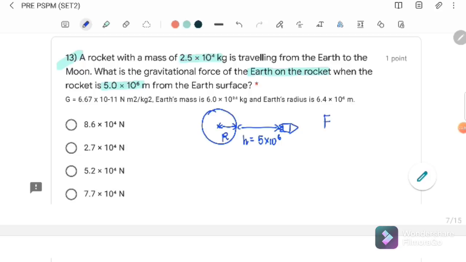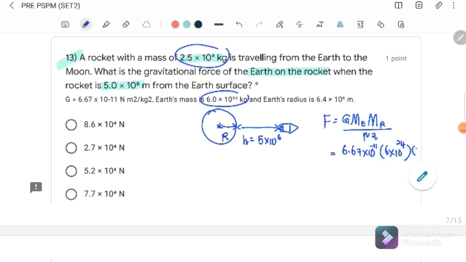So the gravitational force is equal to G M Earth times m of the rocket over the radius squared, where G is a constant value, 6.67 exponent negative 11. Mass of the Earth is given here, 6 exponent 24, and mass of the rocket is 2.5 exponent 4.